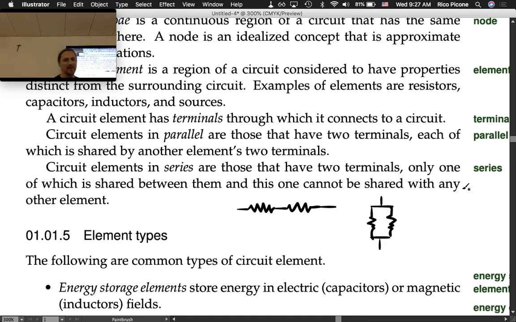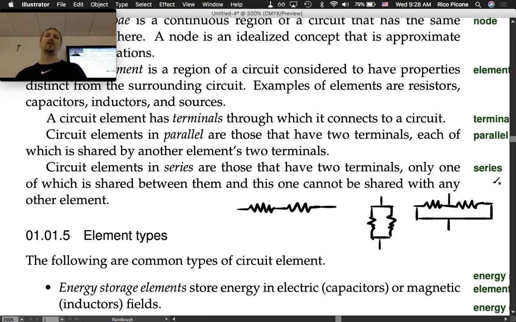But then sometimes you'll have things in a bigger circuit, and it won't be as obvious, and they won't be drawn like that. For instance, what are these resistors? Parallel. I know, but there's a lot of times people get tripped up. I'm glad you guys recognize that.